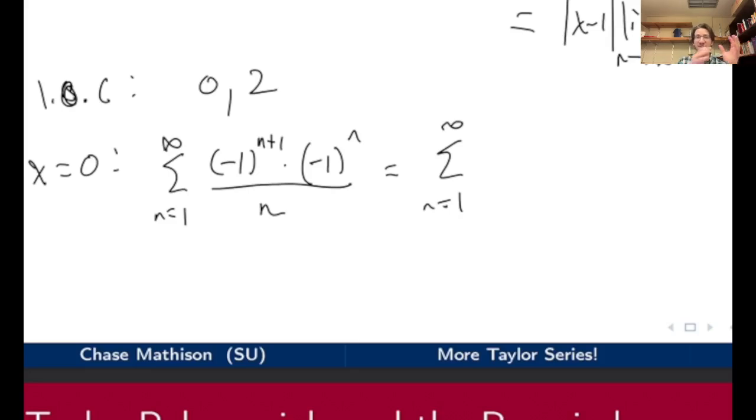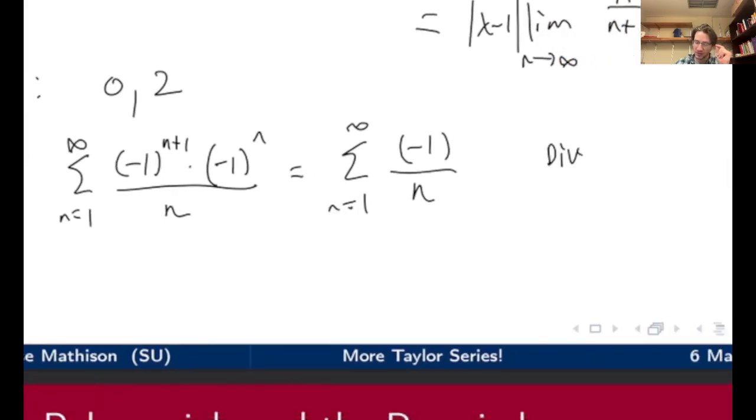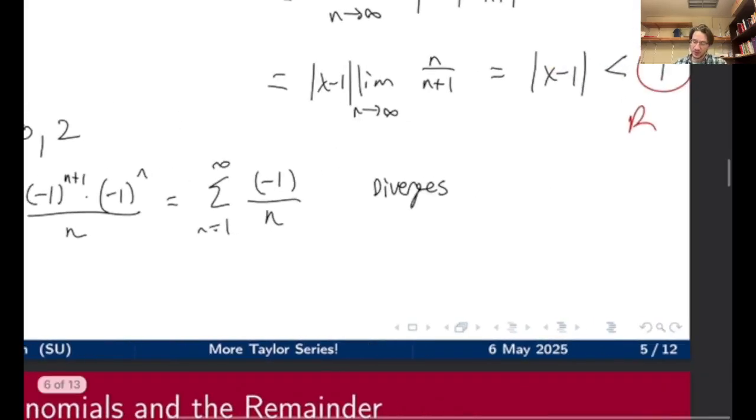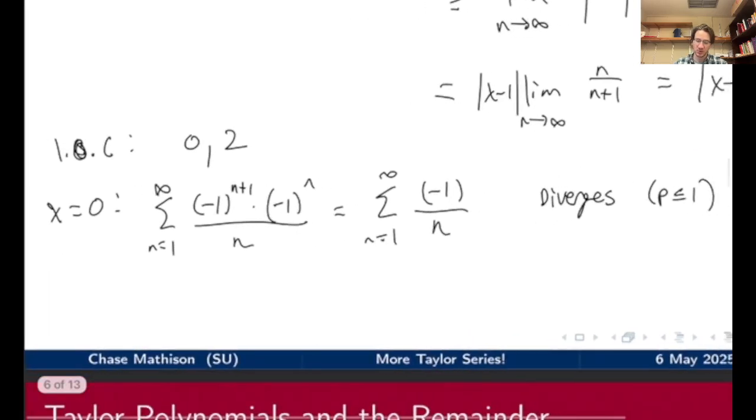The 2n is like minus 1 squared to the n. That will cancel out to give me a positive 1. Now I'll just be left with 1 negative 1 there over n. But this diverges. It's the harmonic series. Or you could also say p series with p less than or equal to 1. So that diverges, and we do not include 0 in the interval of convergence.